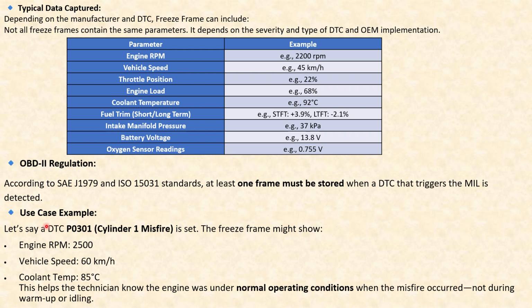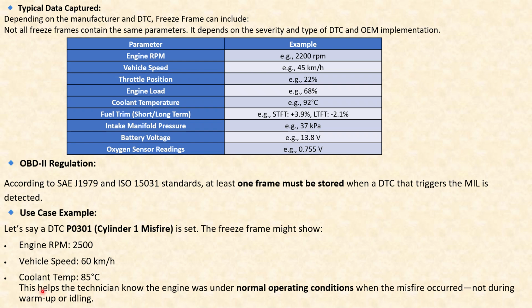For example, let me give you one use case. Suppose the DTC says P0301. It shows a cylinder 1 misfire in the powertrain. Now, the freeze frame might show engine RPM is 2500, vehicle speed is 60 km per hour, coolant temperature is 85 degrees centigrade, and this helps the technician to know whether the engine was under normal operating conditions when the misfire occurred, not during warm-up or idling.